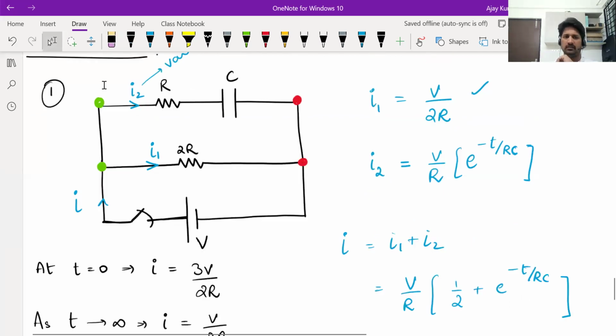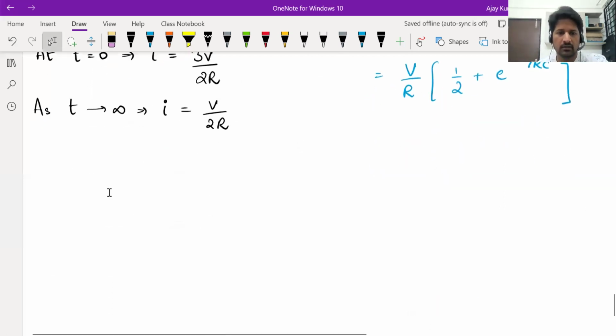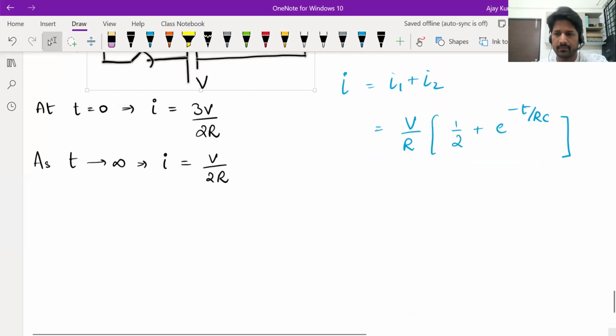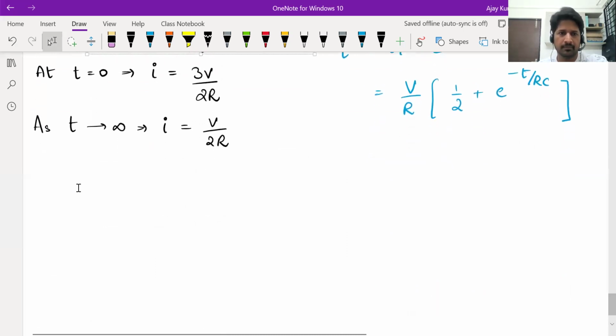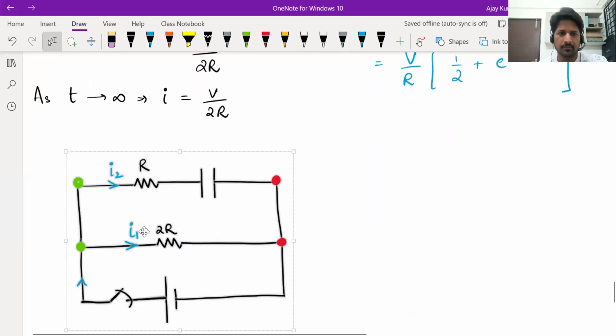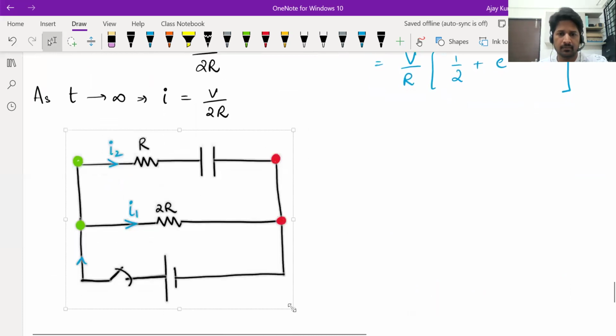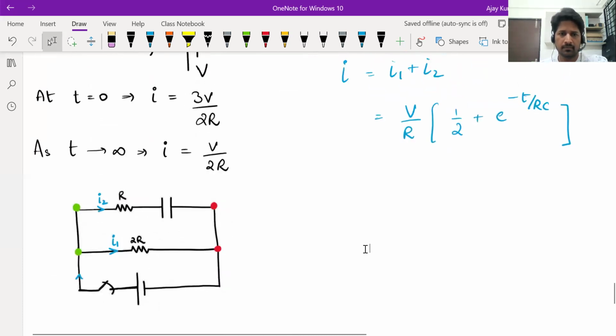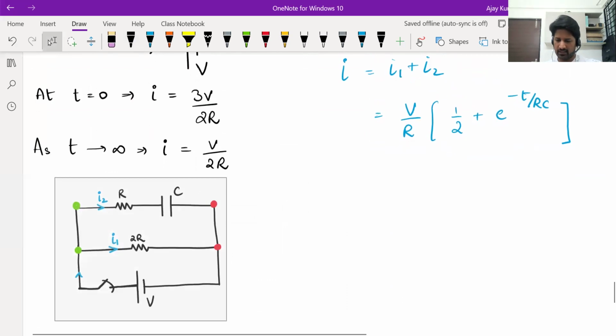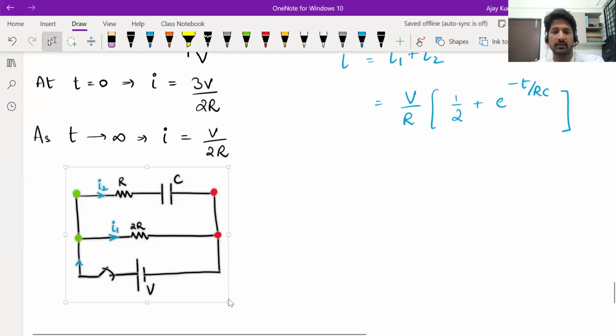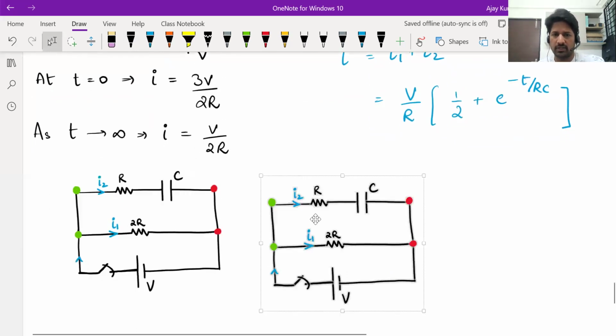Now you could have answered this last part like this also. Initially the capacitor was uncharged, right? When a capacitor is uncharged and you have to find out current in that branch, I told you, you can treat it as a closed switch, just like a wire.